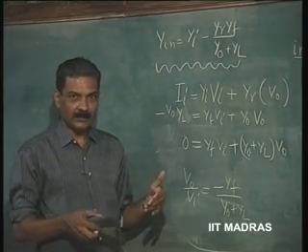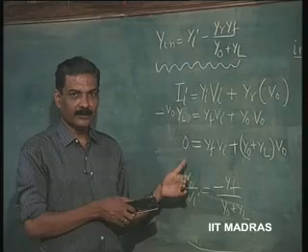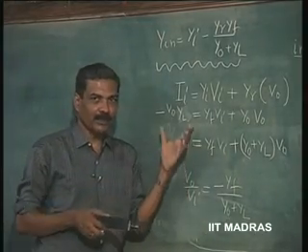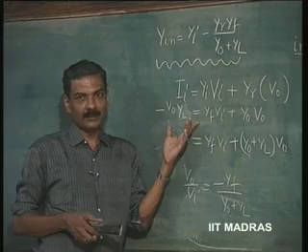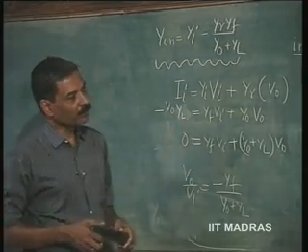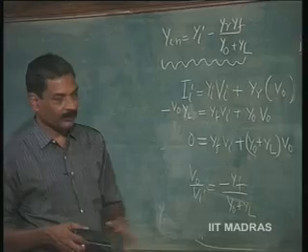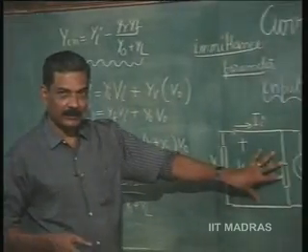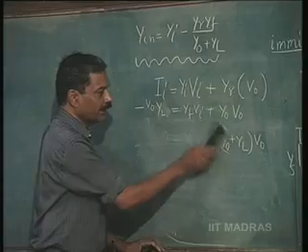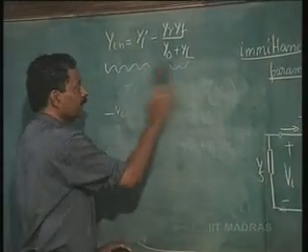In the next class, if you try and do not get it, I will indicate to you how you can get I naught over II, the result, and also how to obtain Y out. I have given you the method of obtaining it. In case you are finding it difficult to get it, we will work it out again here fully.